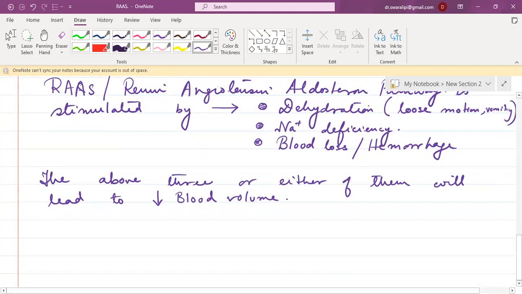Now, as I've just told you, the blood volume is directly proportional to blood pressure.